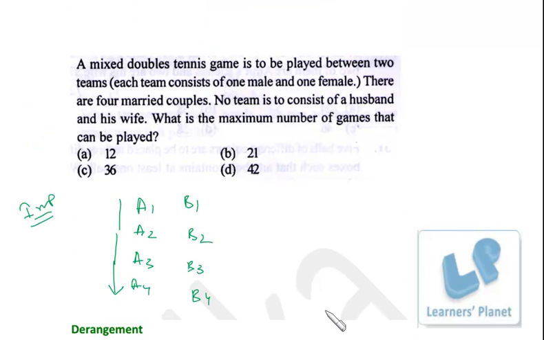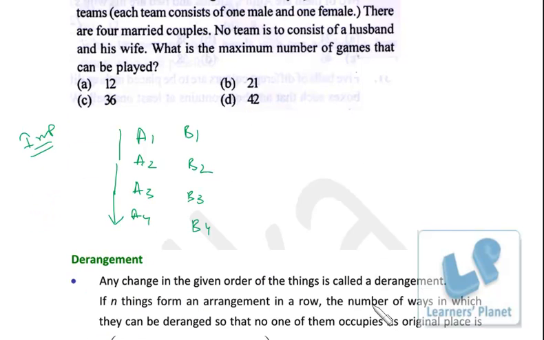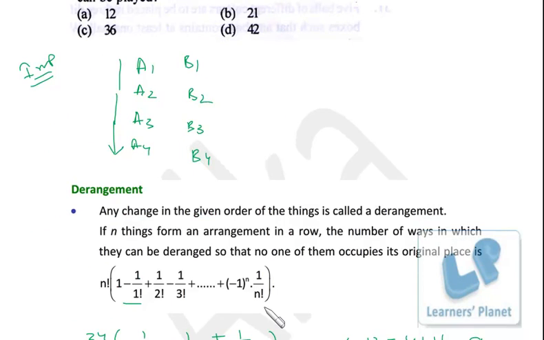The best example of this particular concept is the envelope and letter problem, right? When none of the letters gets into the right envelope. So just try to understand this concept and definitely learn the formula. It will be easy for you to do the problem in seconds if you know the formula.